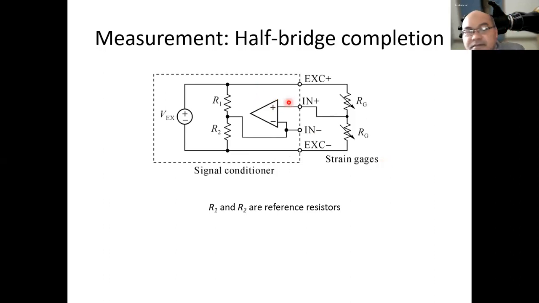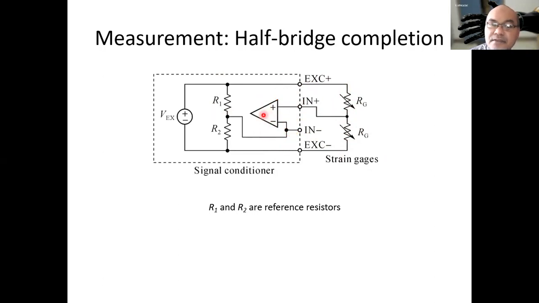For example, one arm is connected to strain gauge 1 and another arm to strain gauge 2. The outputs of this Wheatstone bridge are connected, one to the non-inverting input terminal of the op-amp, the other to the inverting terminal.